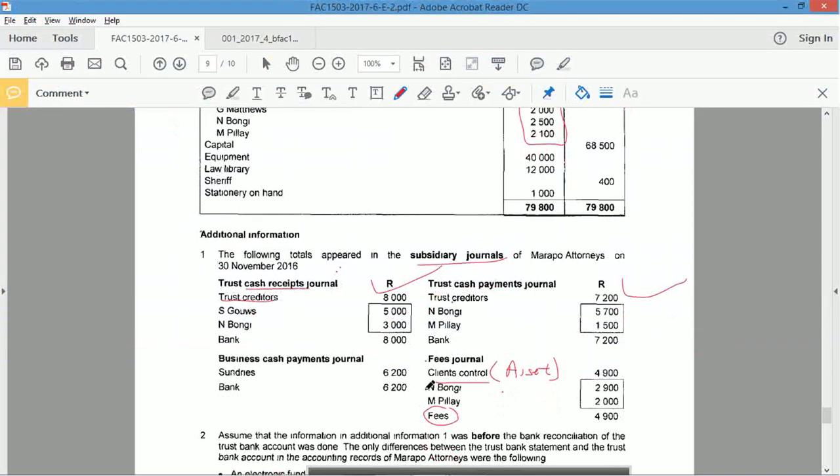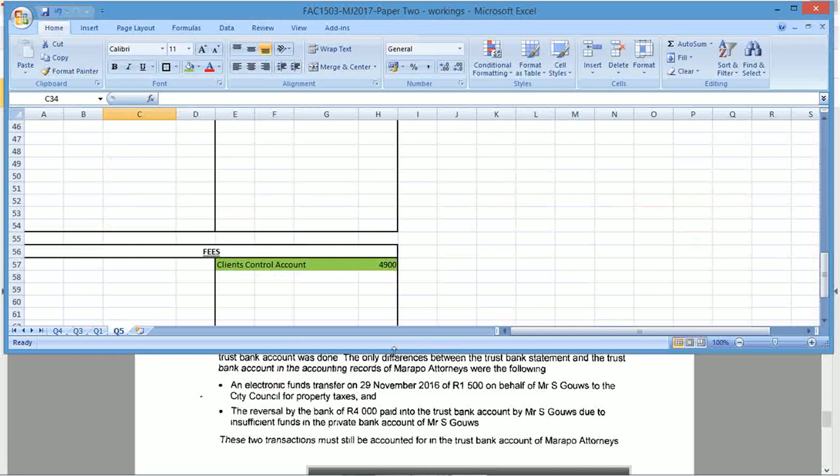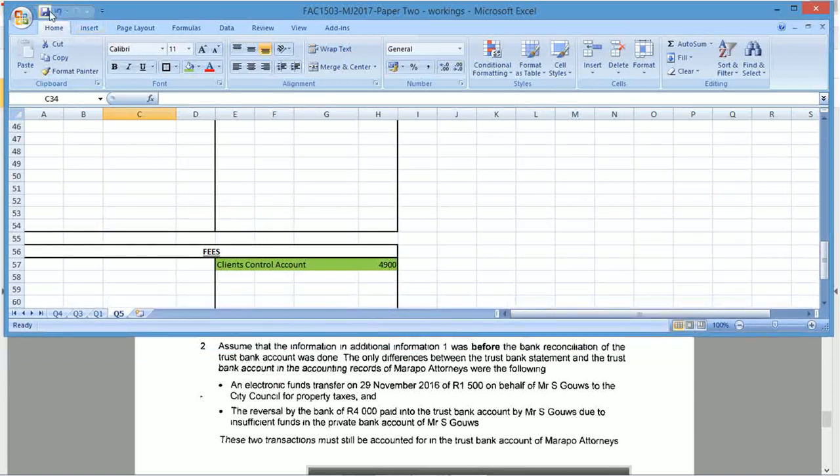Okay. Right, now we need to look at the additional information. Which got me off track. Yeah, it can be quite tricky because this is obviously the difficult part of the question. Okay. Assume that the information in additional information 1 was before the bank recon of the trust bank account was done. Okay, so before the bank recon.